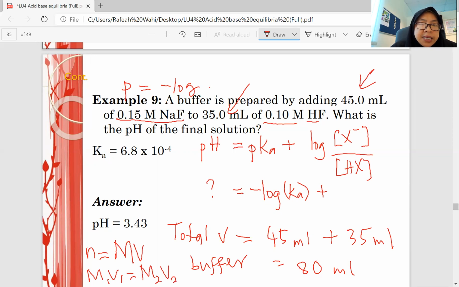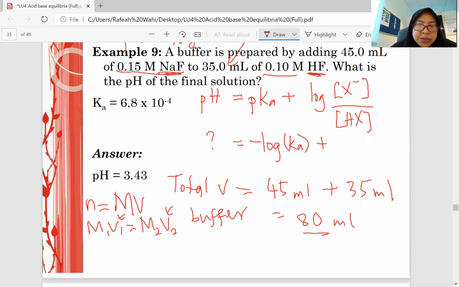In this case, because when the preparation of buffer is happening, it involves dilution. Why dilution? Because you have the resulting volume larger compared to the original volume of each of the species, whether the weak acid or the conjugate base species.